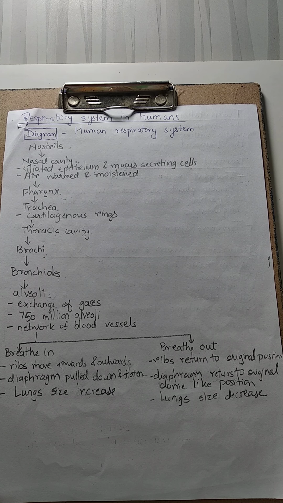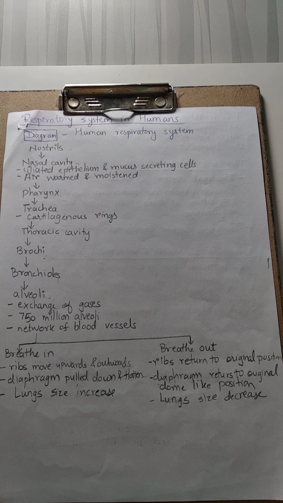They are situated in the thoracic cavity, right? The lower surface of the lungs rests on a diaphragm. This diaphragm is nothing but a sheet of muscles, right? Which helps in breathing.